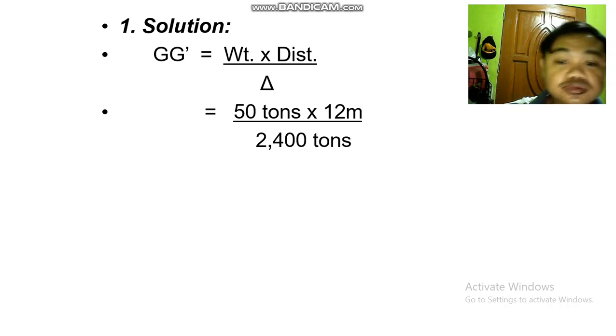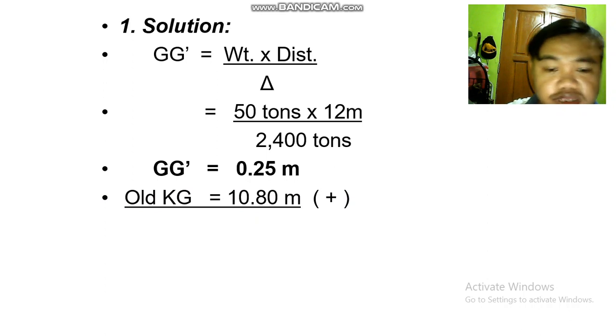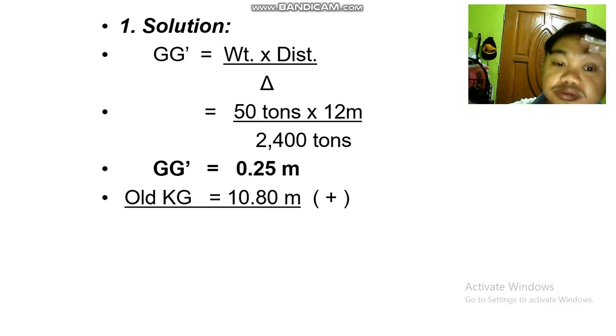So that is 50 tons times 12 meters, divided by 2,400 tons. Now GG1 equals 0.25.